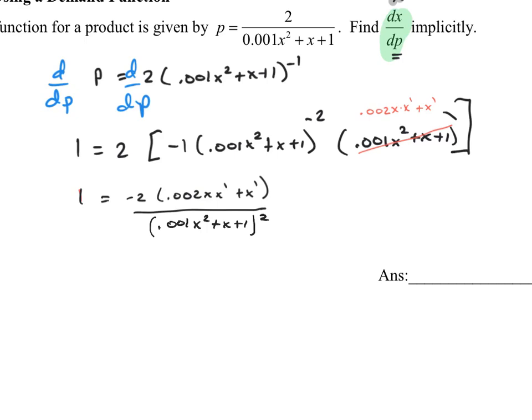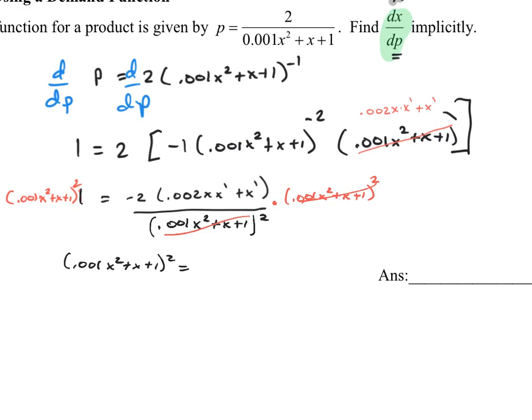Again, I need to solve for x prime here. So to solve for x prime, I'm going to multiply both sides by that denominator. That's the 0.001x squared plus x plus 1, both sides, and it's that quantity squared. So when I do that, on the left I have 0.001x squared plus x plus 1 quantity squared.